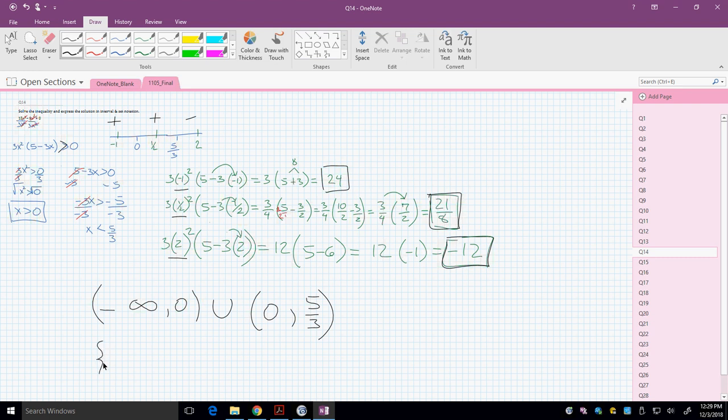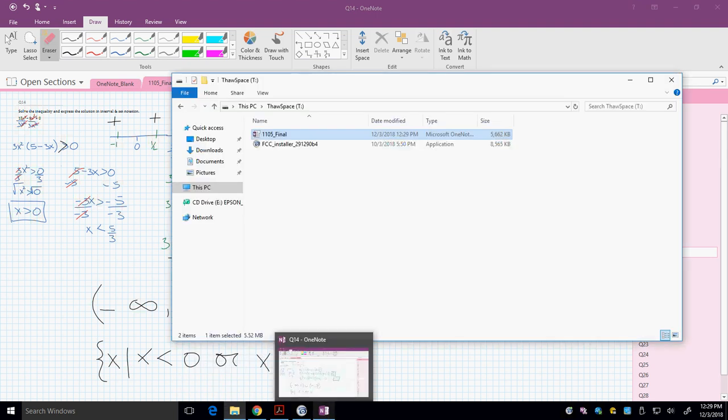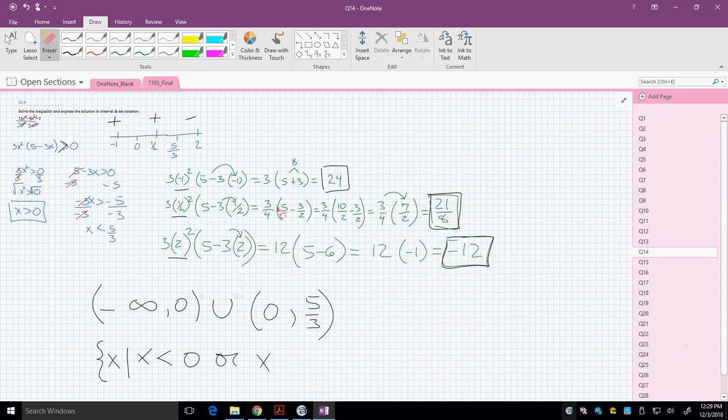Set builder is going to be x, such that x is less than 0, or x is in between 0 and 5/3, and we'll close the curly bracket.